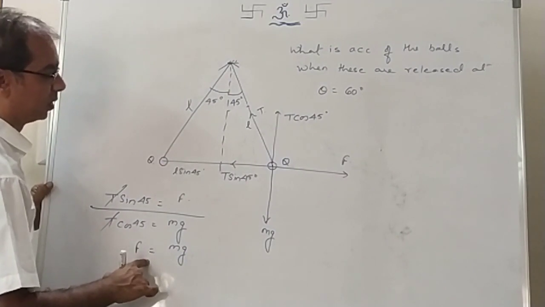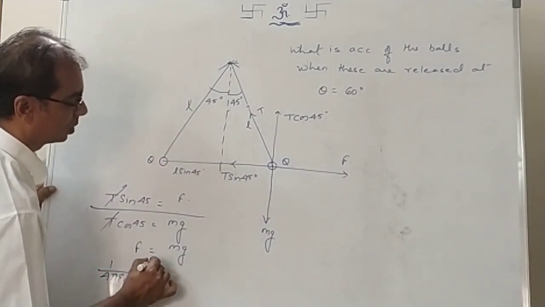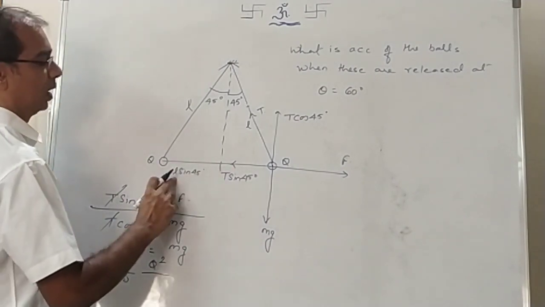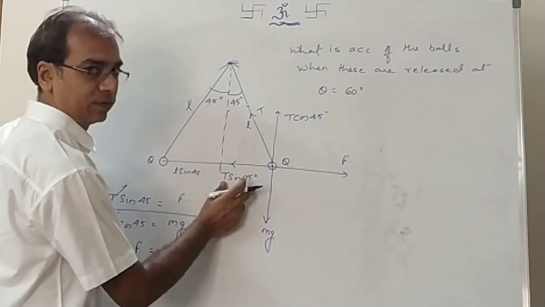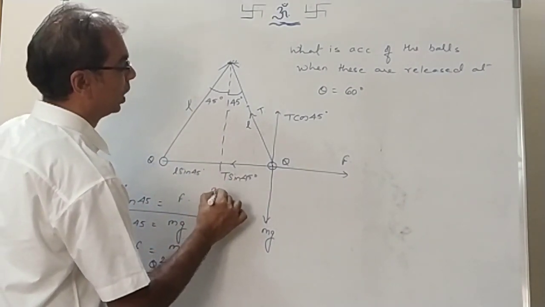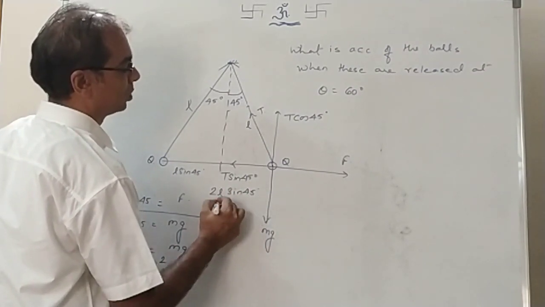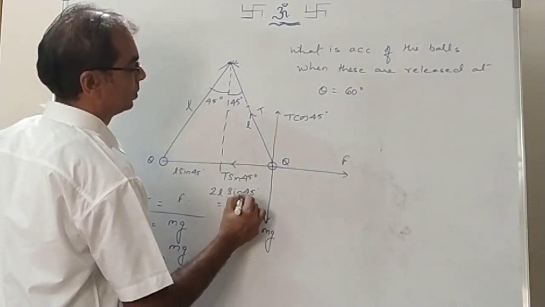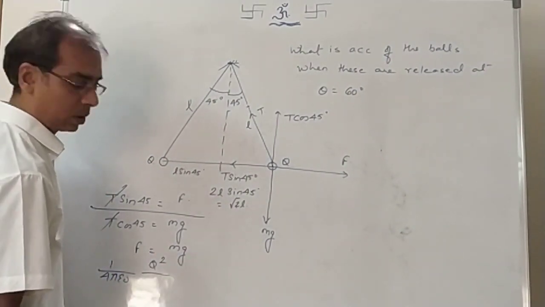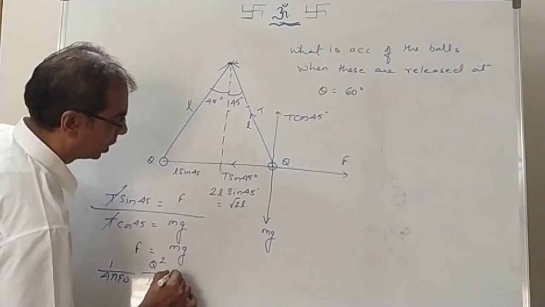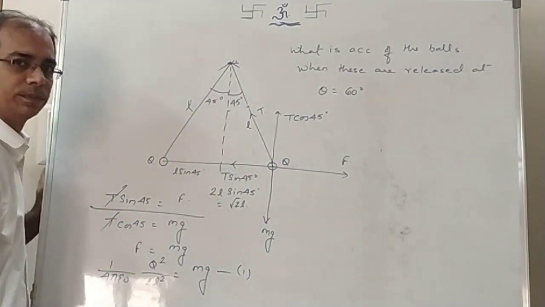We can write the F value: 1 by 4 pi epsilon naught, Q square by L sin 45 plus L sin 45, which is 2L sin 45. Sin 45 is 1 by root 2, so this becomes root 2 L, whole square. So we get 1 by 4 pi epsilon naught Q square by 2L square equal to mg. This is our equation number 1.